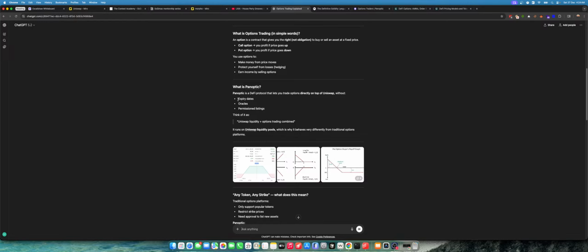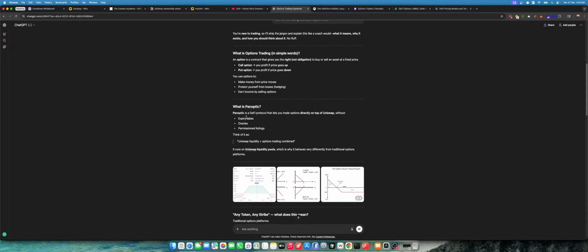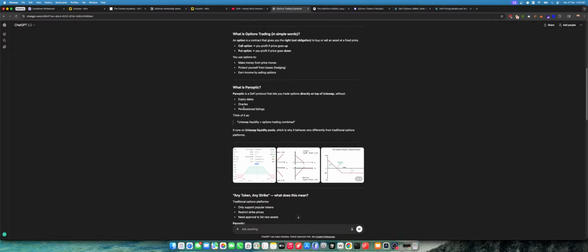I think these are like how perpetual trading should work, like option trading should work. There's no. Oh, it says without expiry date. Panoptic is a device that lets you trade options directly on top of Uniswap.